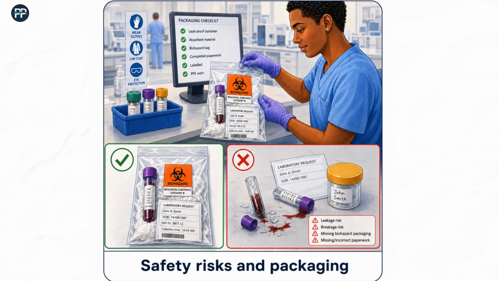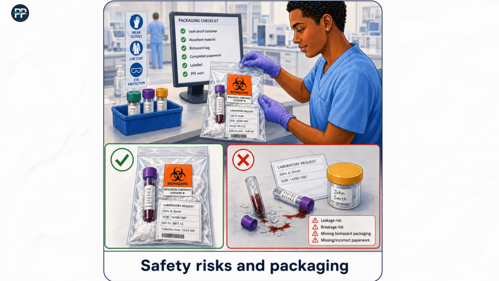They check whether the samples appear to have been transported in a suitable manner. For example, they may assess whether the specimens arrive in the correct transport container, whether the packaging is intact, whether the sample was protected from leakage or breakage, and whether any required temperature conditions appear to have been maintained.